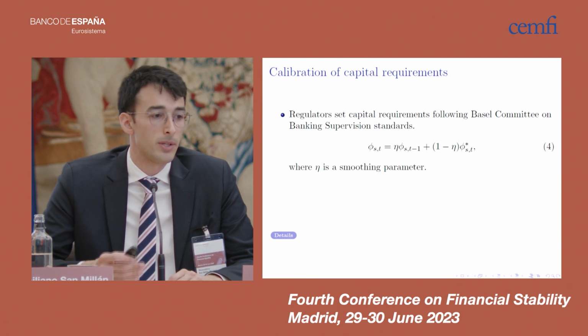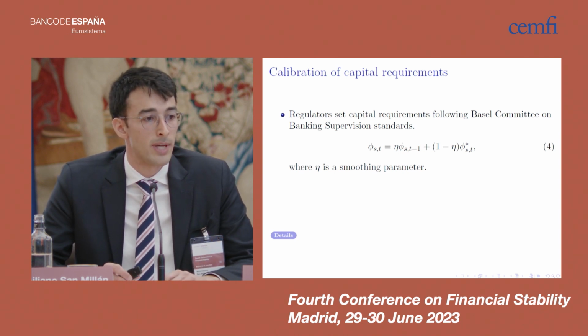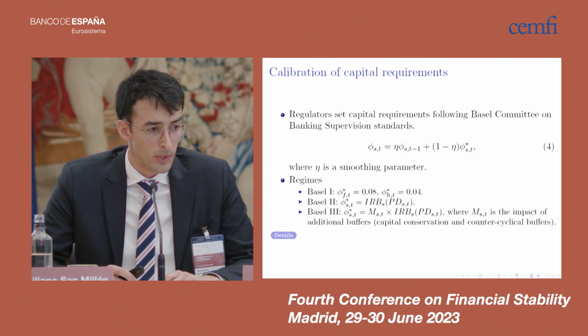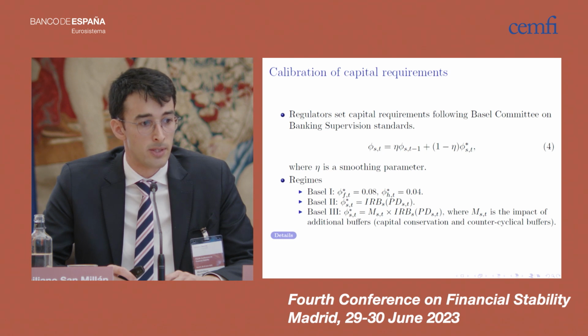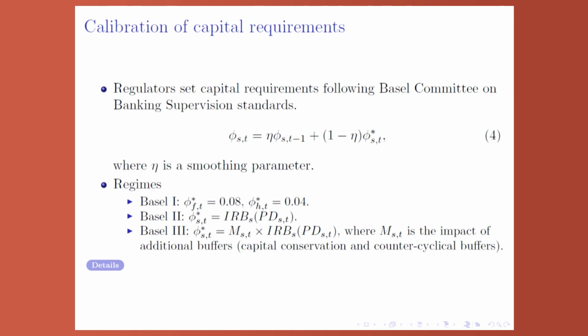I assume that there is some partial adjustment, basically to capture the fact that some banks use through-the-cycle and other banks use point-in-time PDs. And I use the regulatory formulas in the Basel framework. So these are different regimes that I will analyze, where of course in Basel I we had basically non-risk sensitive capital buffers, and in Basel II we allowed the buffers to depend on risk parameters, and then in Basel III we add the buffers.